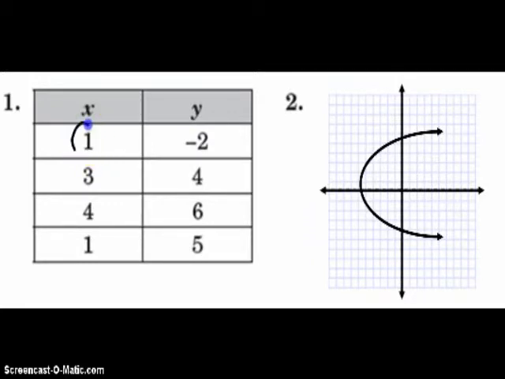I have a 1 here and a 1 here. By definition, each member of the domain can only correspond to one member of the range, so to one y value. Well, I have a member of the domain, which is 1, corresponding to both -2 and to 5. So my x's repeat, meaning that it is not a function.